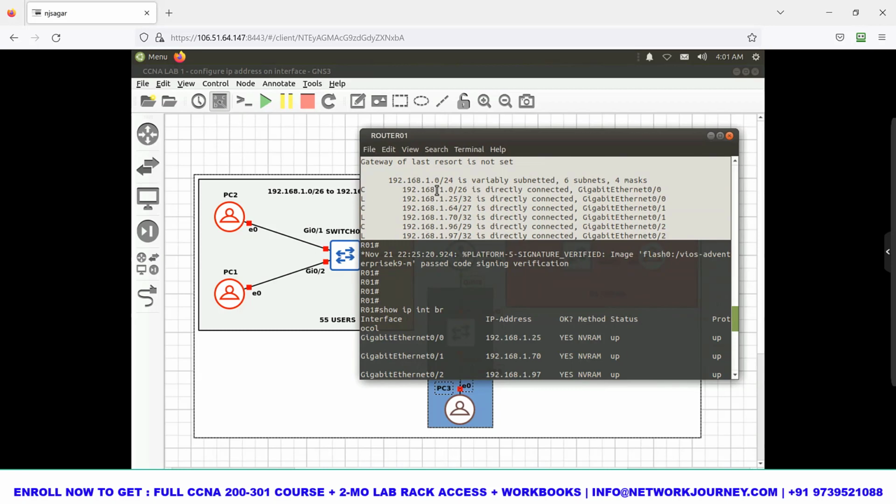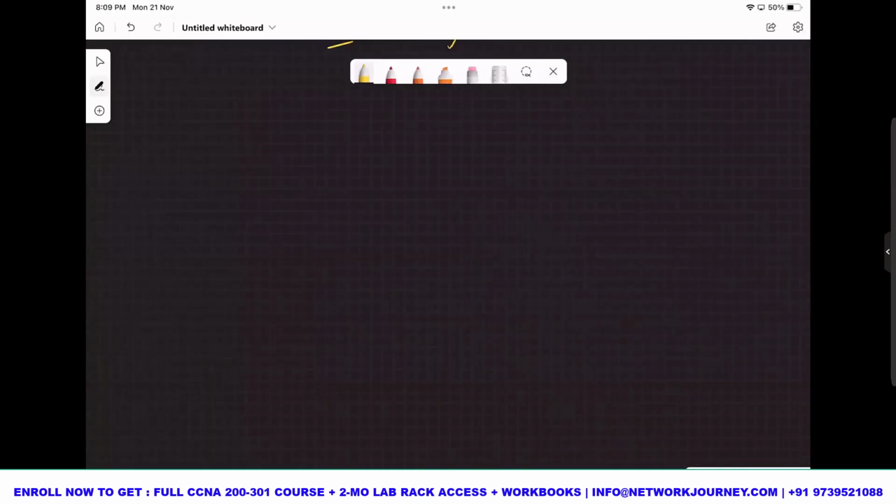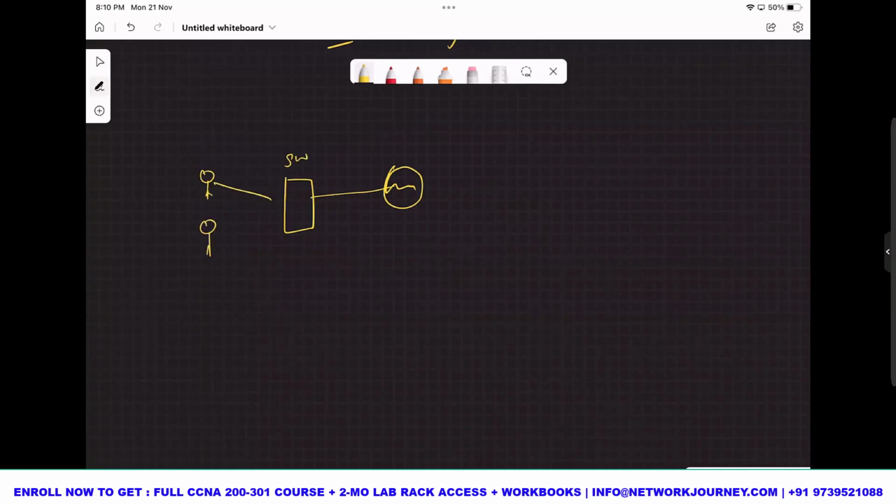Also, when you see this CIDR representation, it's also called a prefix length. Prefix length is nothing but what network are you advertising. Sometimes you would like to advertise some network. Say, for example, this is a router. This is a switch. Behind a switch, you have different users sitting.